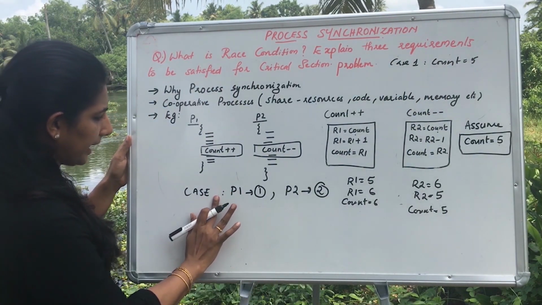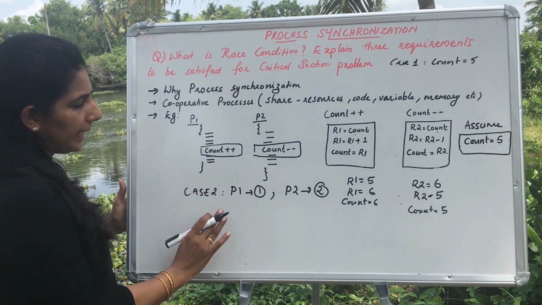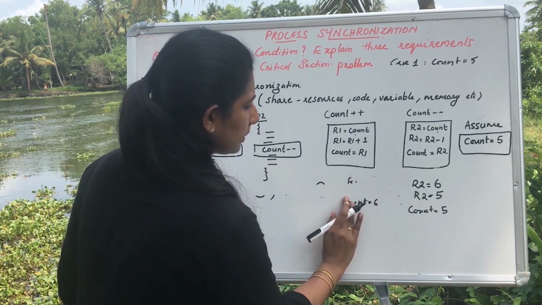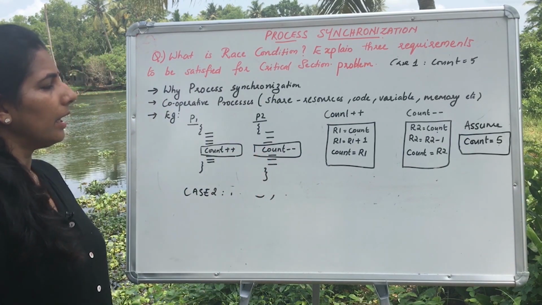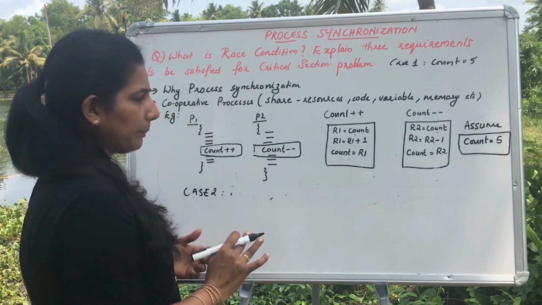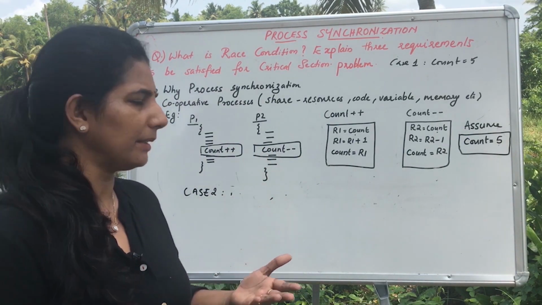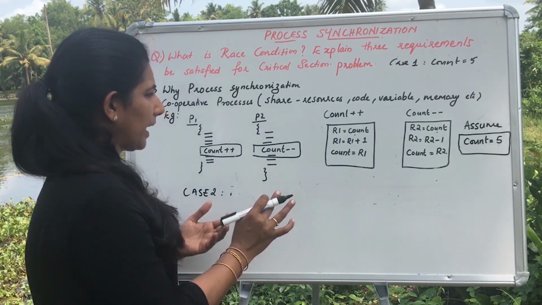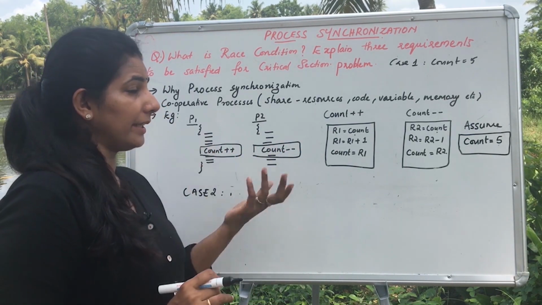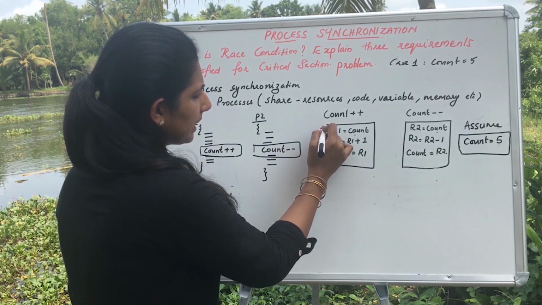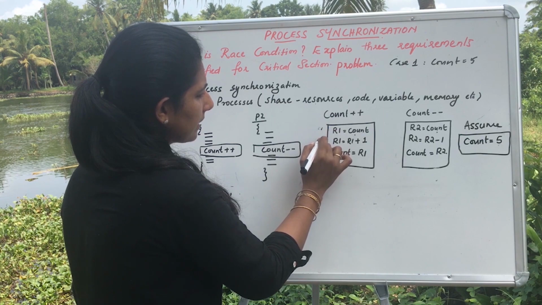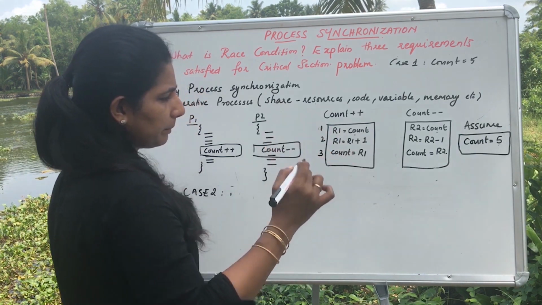Now let's go to the case 2. In case 2, let me assume it is a multi-programming environment, where 2 programs are running parallelly, or it's a preemptive kind of scheduling, where I'll name the lines as line number 1, line number 2 and line number 3.